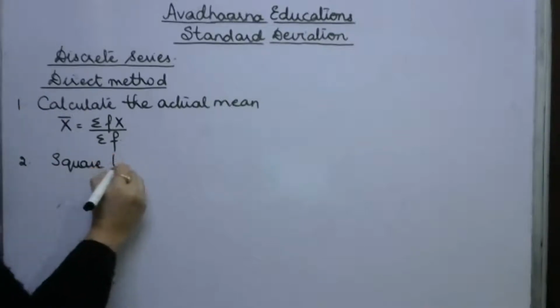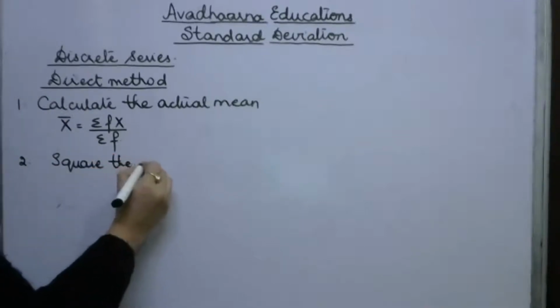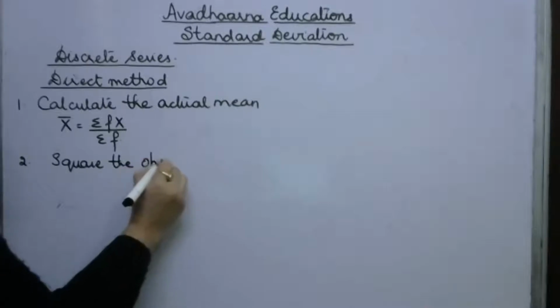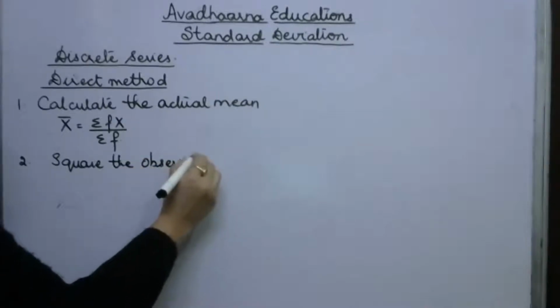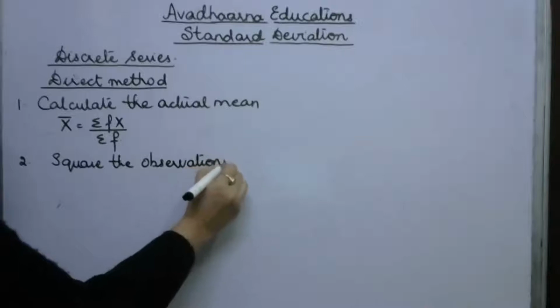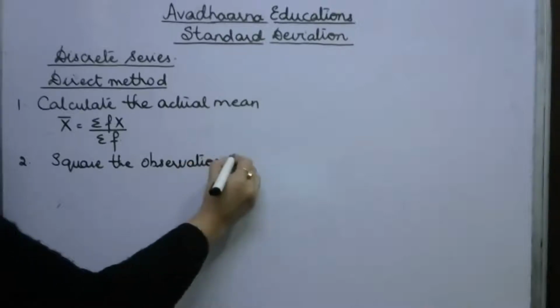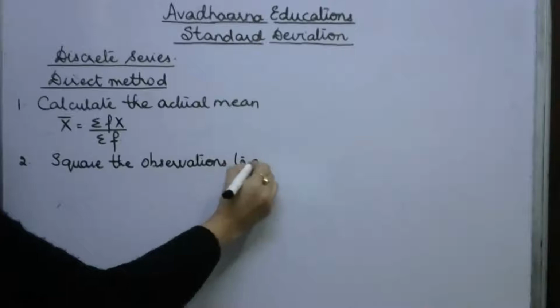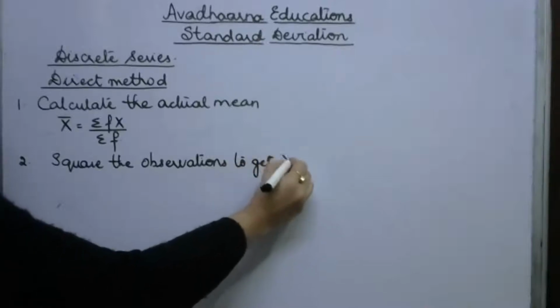So square the observations to get x square.